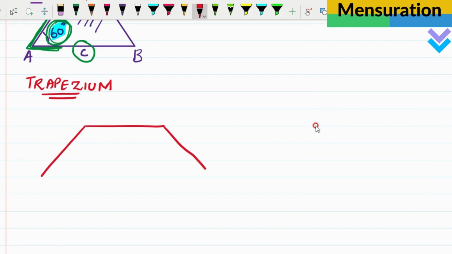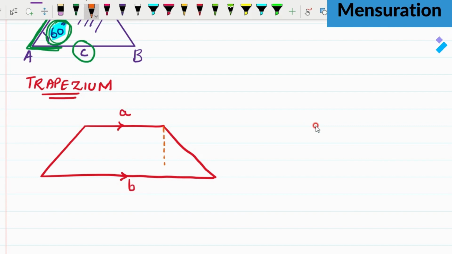It is a four-sided shape, and it must have one pair of parallel sides. So this is what you can say a parallel side. For this you should have a dotted line here to show its height. As I told you, the height must be a perpendicular.